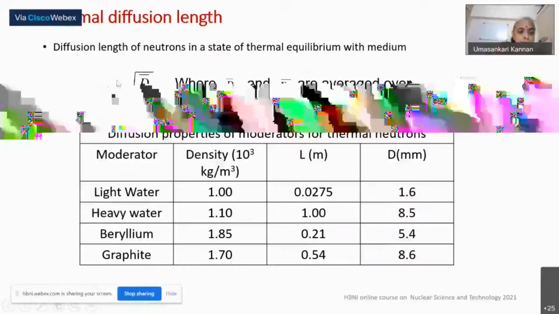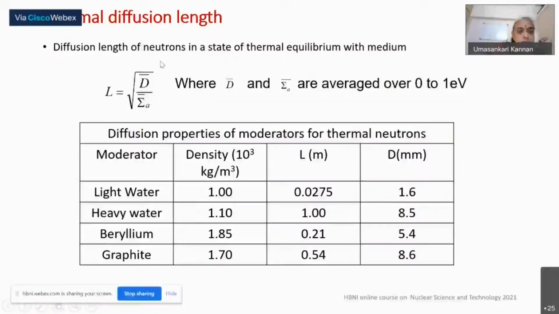We have defined a quantity L, which is root of average D by average Σ, where D and Σa are averaged over the thermal neutron energies, almost 0 to 1 eV, where I have explained to you about the Maxwellian spectrum. If I take the Maxwellian spectrum and average the cross section Σa and D over that, then L is root of D by Σa.